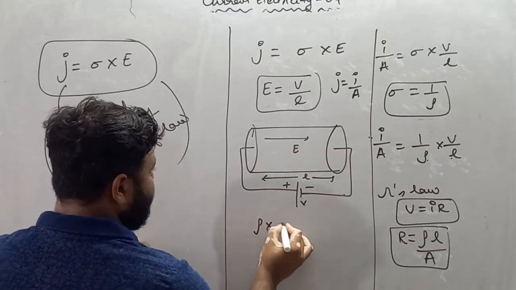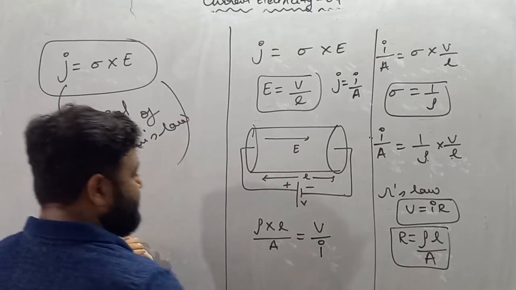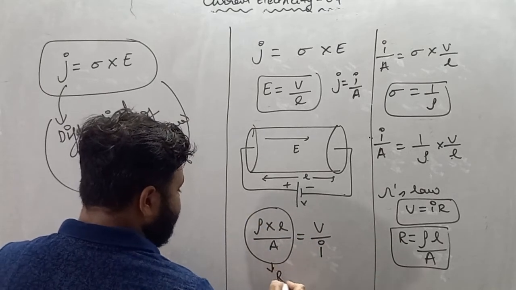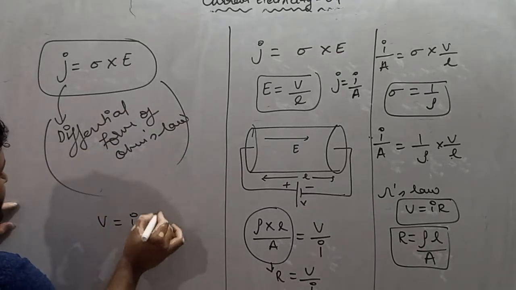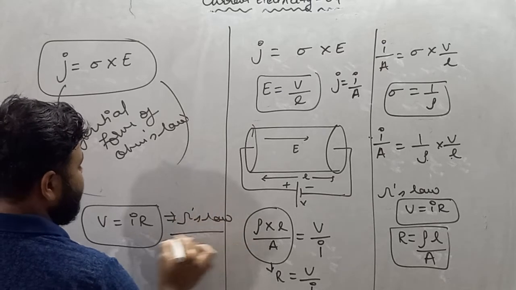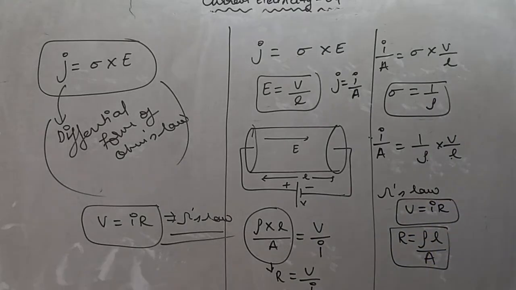So rho into L by A is equal to V by I. So this term becomes equal to R. So R is equal to V by I. So V is equal to, my dear student, IR. This is nothing but Ohm's law. I hope you all understand this equation as well. So moving forward, my dear student, we'll discuss some more results, some more relations. So write it down first, then we'll move forward.